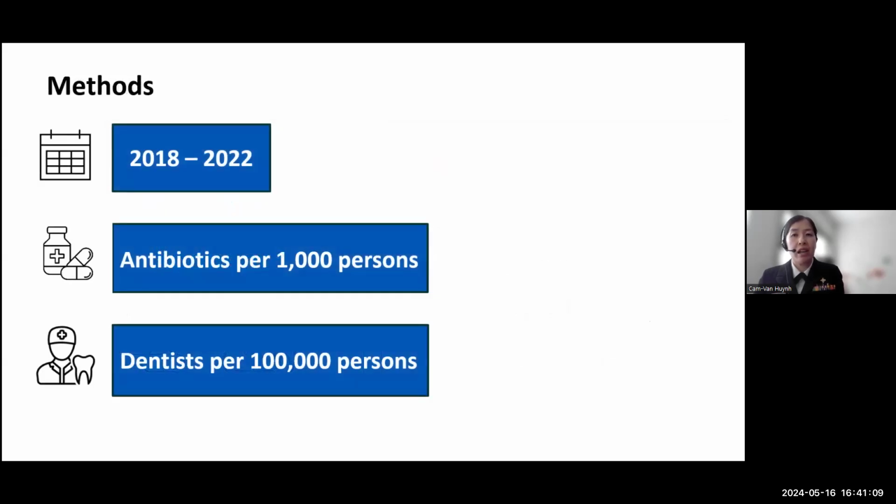For our analysis, we included antibiotic prescriptions from 2018 to 2022, and we calculated antibiotic prescribing rates per 1,000 persons and compared dental antibiotic prescriptions to total outpatient antibiotic prescriptions. We also evaluated the concentration of dentists per 100,000 persons by state.